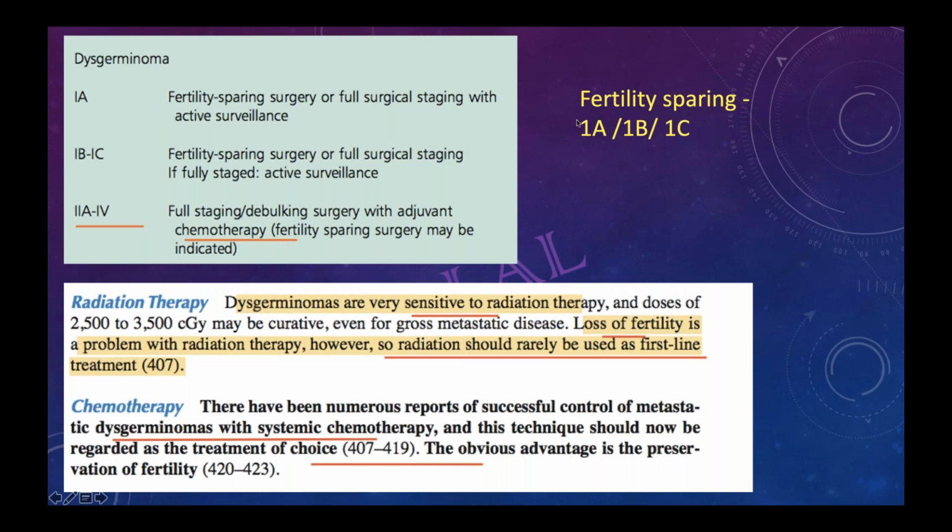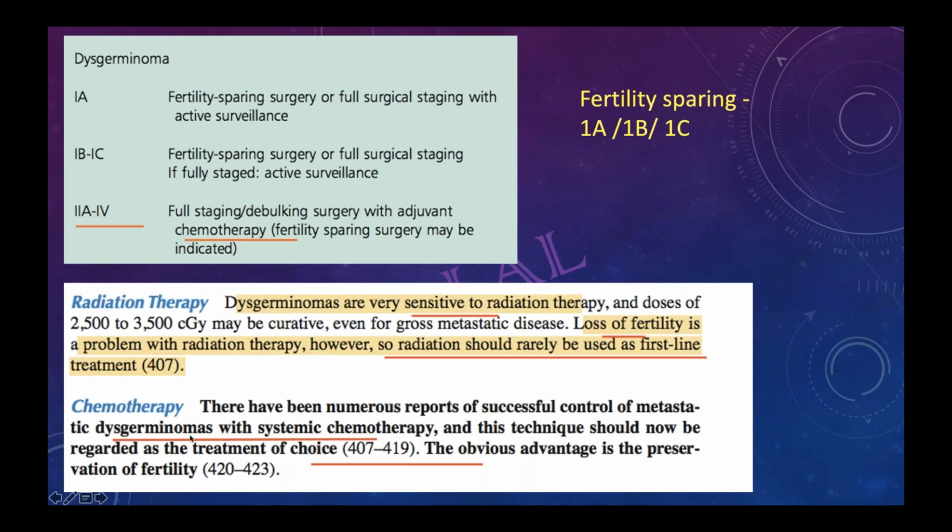So in stage 1A, B, C, fertility sparing surgery along with surveillance is required. Remember this much. But in stages 2 to 4, full staging surgery, debulking surgery plus adjuvant chemo is required. Okay, so this is according to the talk, and also the strategy says the same.